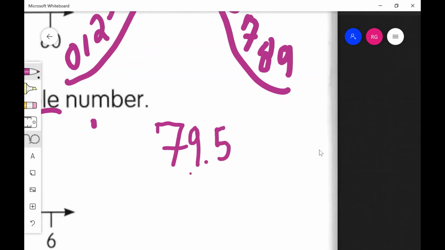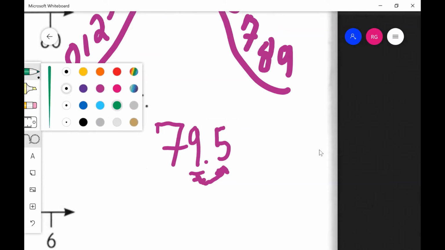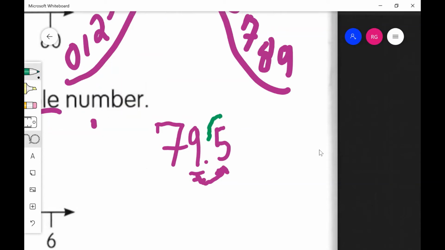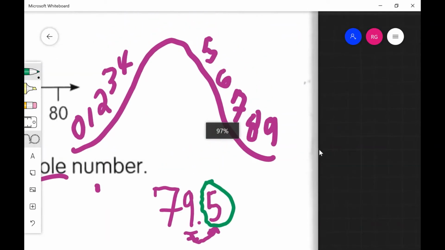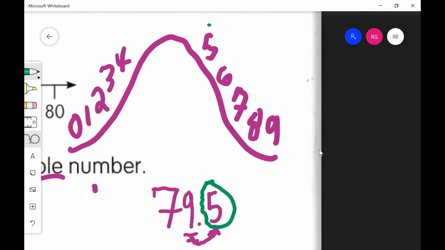Yes, it is the 9. What direction do I look, left or right? Right. I look to the right. And I see that that is what number? 5. Now I go up to my handy dandy roller coaster, and I see that my 5 is right there.